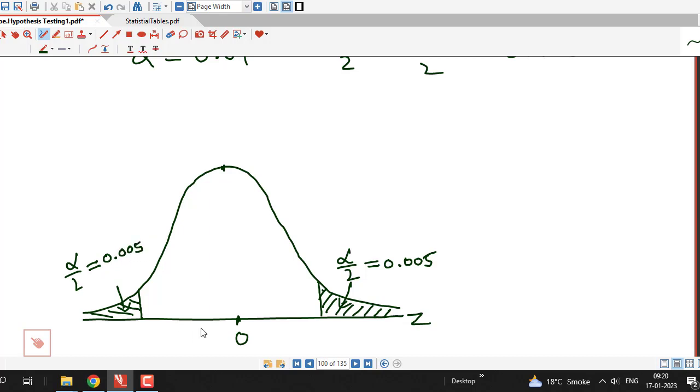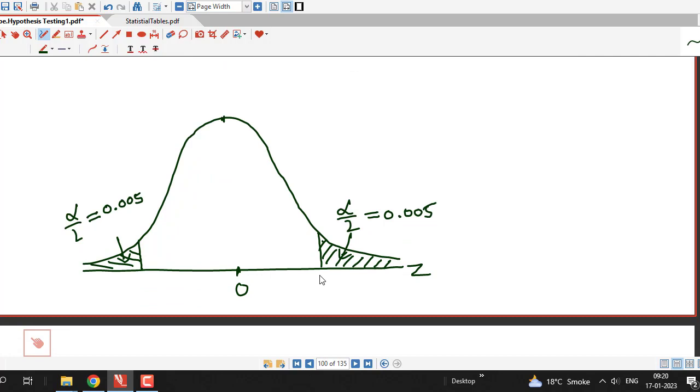Area in left tail as well as right tail is 0.005, and this point is denoted by z sub alpha by 2. This is critical point here, and due to symmetry this is negative of z suffix 0.005, and I have to decide these critical values.